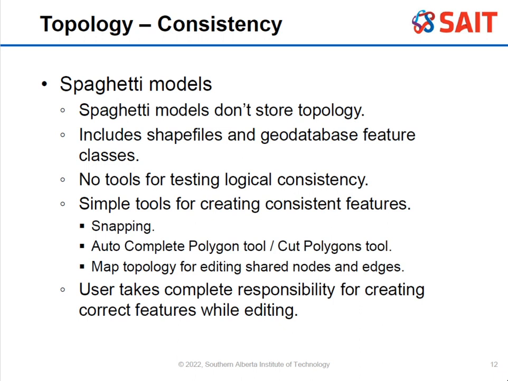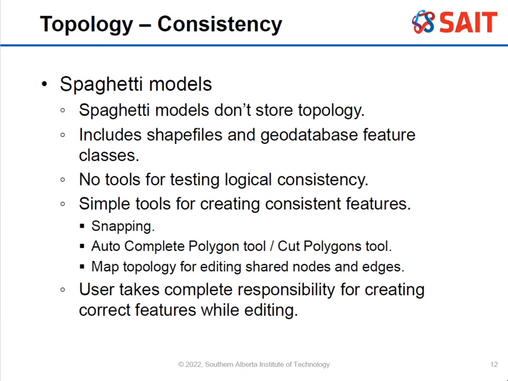They have no tools for testing. So if you create a spaghetti model in a shapefile or in a feature class, then you really can't test for your consistency. There are some simple tools that are available that you can use to help your features be more consistent, such as snapping, an autocomplete polygon tool, or a cut polygons tool.